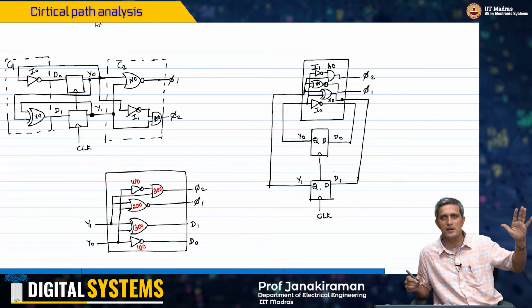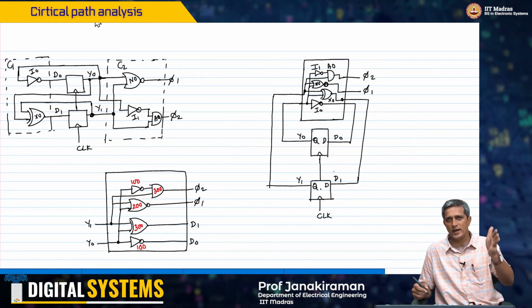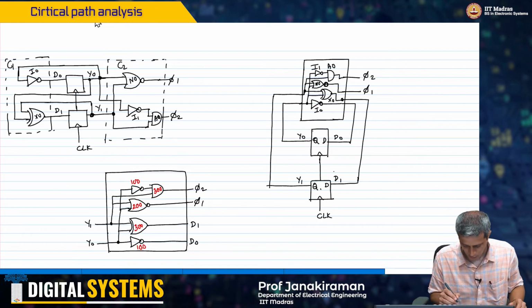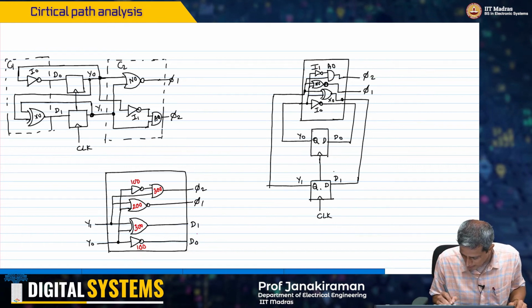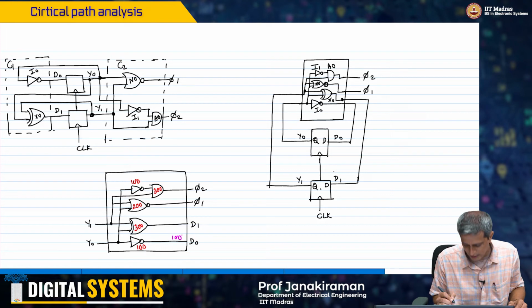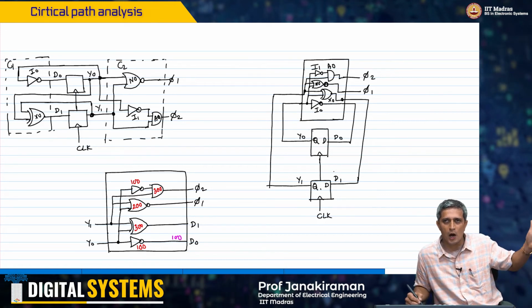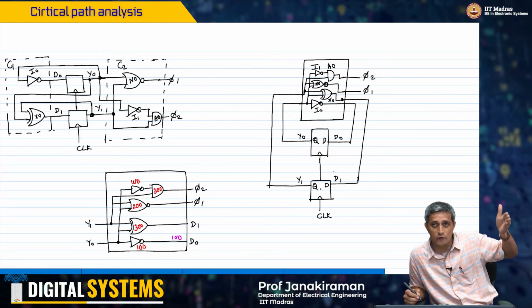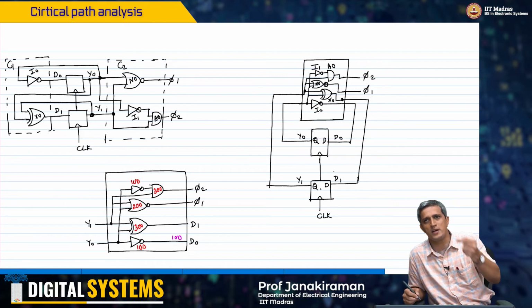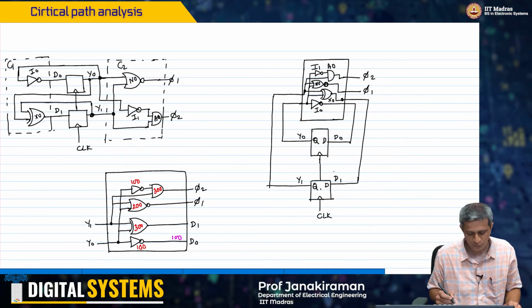Now let's say that the inputs y1 and y0 arrive at t equal to 0. Then the arrival time at d0 will be 100 picoseconds. That is for the input y0 to go through the inverter and stabilize to its final value.